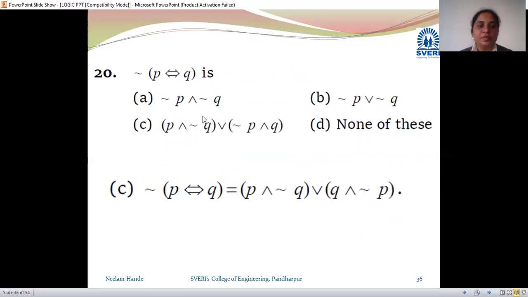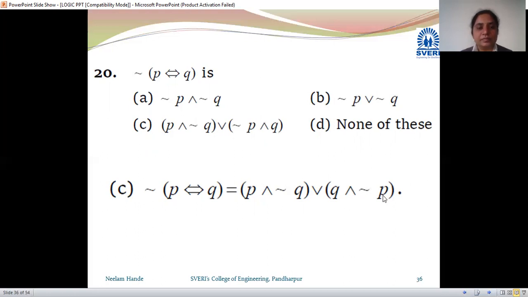Next, negation of P if and only if Q. We have seen the definition. P if and only if Q is P and Q or Q and P. So there is negation. So in this case, P and negation Q or Q and negation P. In the first statement, give negation to the second statement, and in the second, give negation to the first statement.